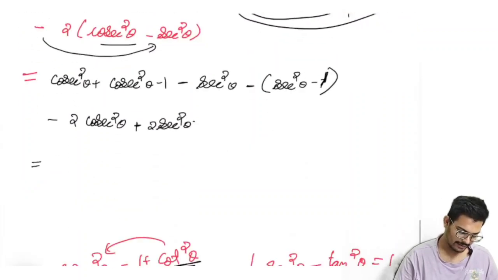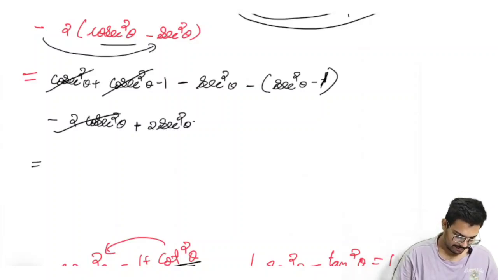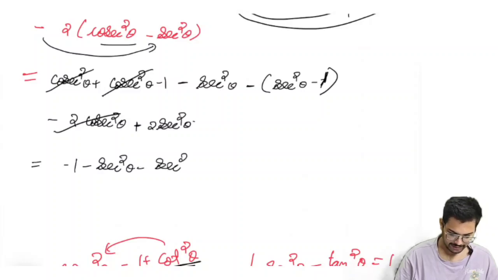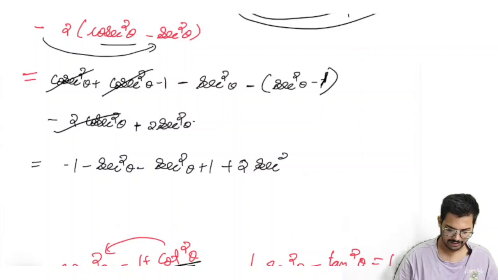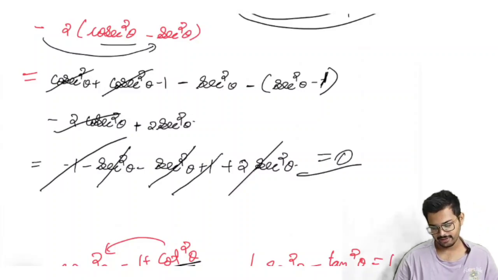Now cosec^2 θ plus cosec^2 θ will be 2 cosec^2 θ, which cancels with the minus 2 cosec^2 θ. Now we can open minus 1 minus sec^2 θ minus sec^2 θ plus 1 plus 2 sec^2 θ. So minus sec^2 θ minus sec^2 θ will be minus 2 sec^2 θ, which cancels with the 2 sec^2 θ, and minus 1 cancels with the plus 1, giving 0.